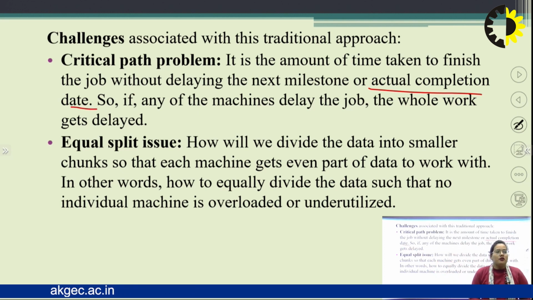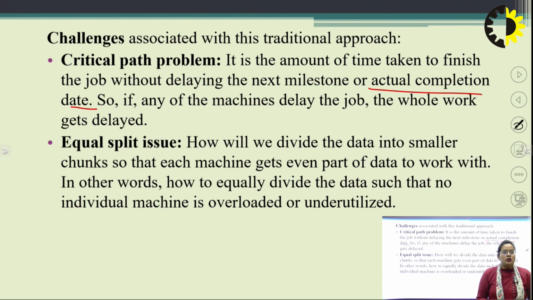So, if any of the machines delays the job, the whole work gets delayed. The second challenge is the equal split issue. How will we divide the data into smaller chunks so that each machine gets an even part of data to work with, or in other words, how do we divide the data equally such that no individual machine is overloaded or underutilized?